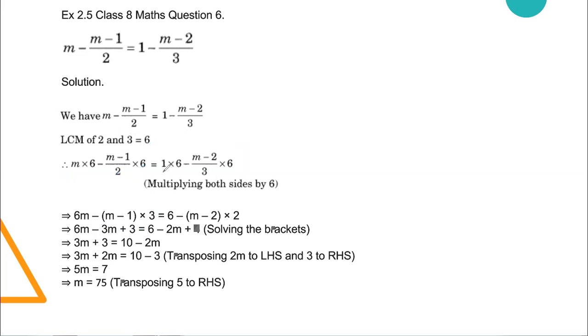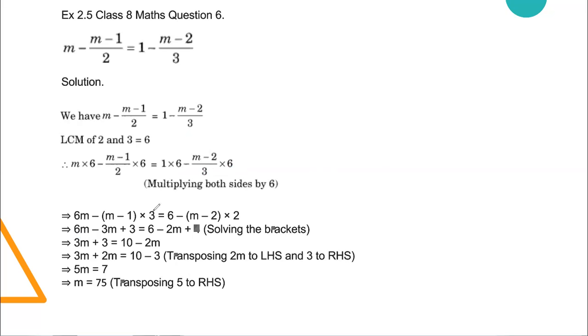Now we have 1 into 6, which gives us 6. Now we can also cancel here, saying 3 ones are 3 and 3 twos are 6, right? So now when we cancel like that, we can just write down minus (m minus 2) multiplied with 2, right? How do we solve this further? Just solve the brackets, right? So 6m will be written as it is, minus (m minus 1).